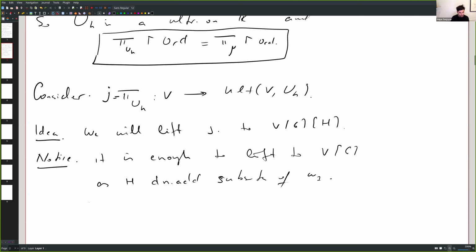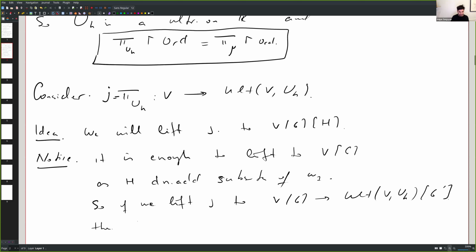This is because if we lift j to j: V[G] into the ultrapower of V[G] by U_H[G'], then the ideal inducing j will be omega 1 dense, because the forcing that induces this embedding is just the collapse.